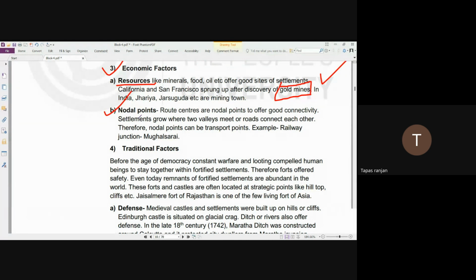So if there are nodal points and the transportation and communication facilities are well developed, then the economic activities will flourish. In that case, that can be a good site for the human settlement.